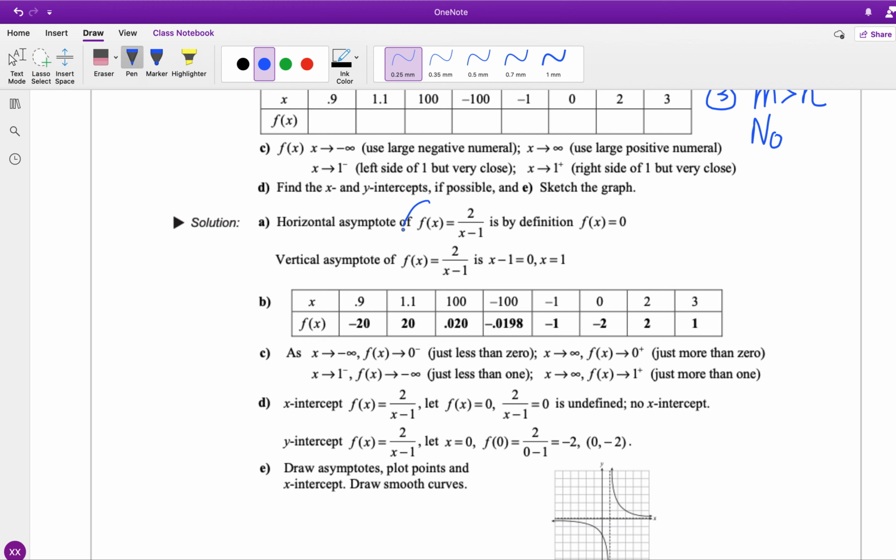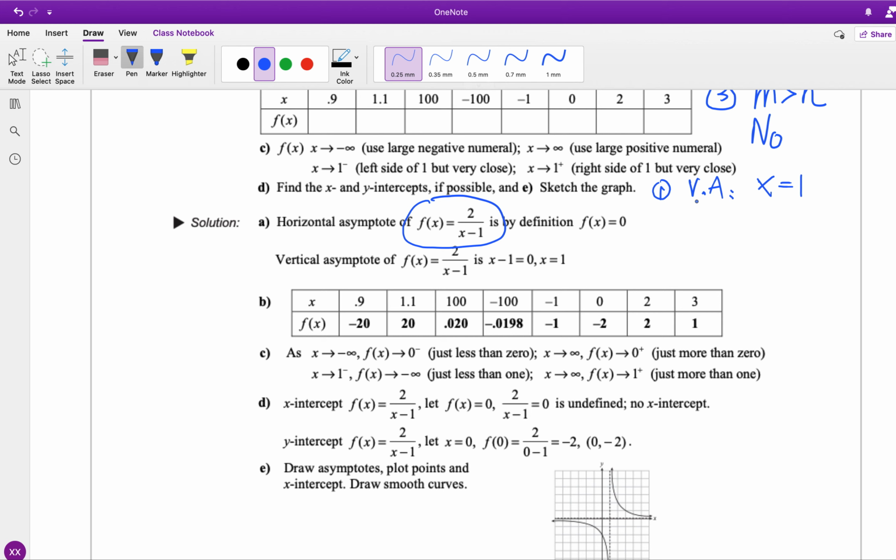This is a very typical rational function. The first step, of course, is to figure out the vertical asymptote. The vertical asymptote is x cannot be equal to 1. Therefore, the vertical asymptote is x equals 1. For your work, these are the steps that I would like everybody to write out.